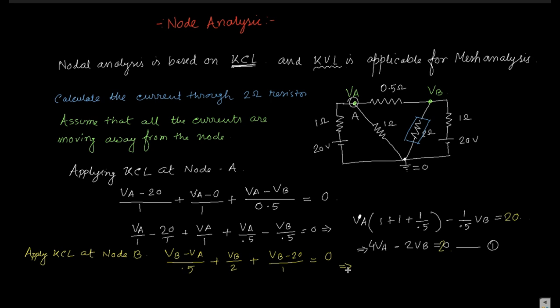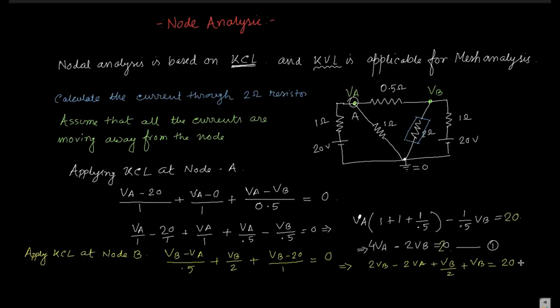Then solve it. So 2VB minus 2VA plus VB by 2 plus VB is equal to 20.